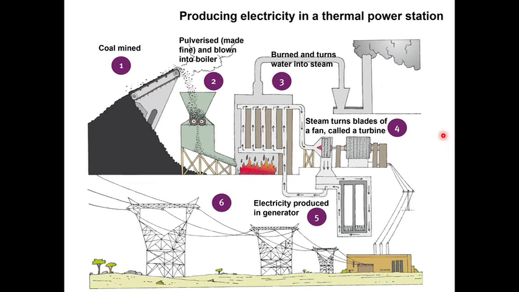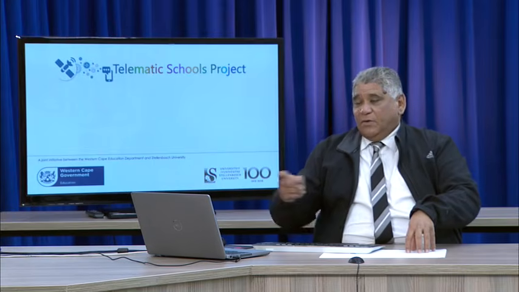Then it goes to the generator coil you find there, and electricity is produced and sent to homes and factories. As I've said, grade 11, this is a very simple way of explaining how electricity is generated from your conventional power sources.